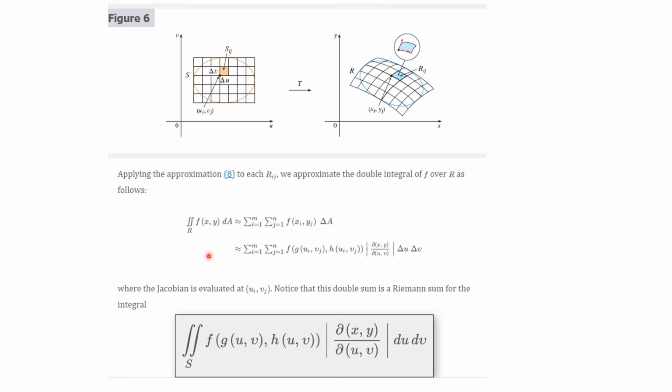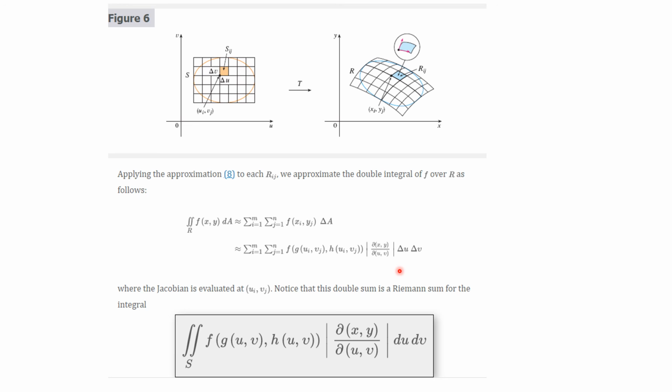So what will happen is when we start doing the double integral as a Riemann sum, that delta A that we have is actually going to be this factor. So you see, if x is equal to g of u, v and y is equal to h of u, v, then we end up with this expression, the Riemann sum.